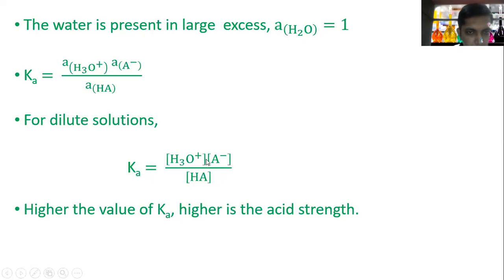The numerator will be high when the dissociation is more. So if dissociation is more, more number of ions are present, less number of molecules are present, hence more is the ionization or dissociation constant, and stronger is the acid. So higher the value of Ka, higher is the acid strength, that means stronger is the acid.